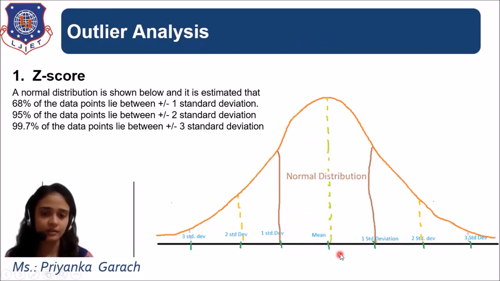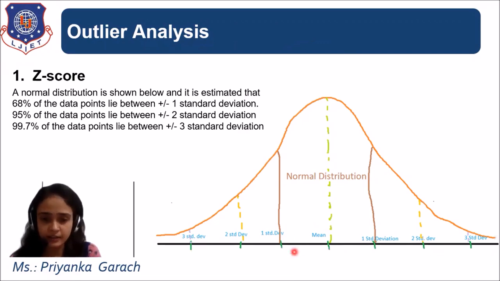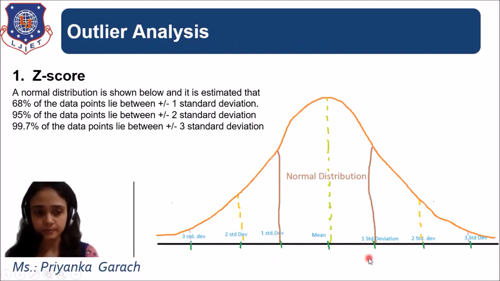Now I can find the standard deviation by using the values from the different data points. Using that distance of the standard deviation, I have drawn one vertical line on the left hand side and one vertical line on the right hand side.